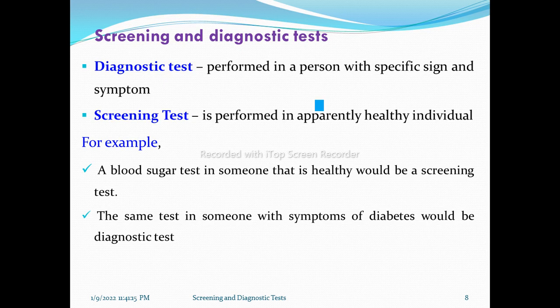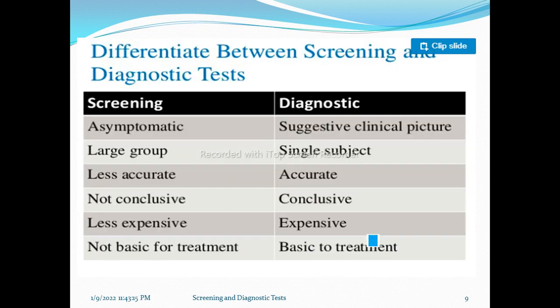A screening test is performed in an apparently healthy individual, that means in the subclinical or preclinical stage. For example, a blood sugar test in someone who is healthy would be a screening test, and the same test in someone with symptoms of diabetes would be a diagnostic test. It is diagnostic because of their symptoms.